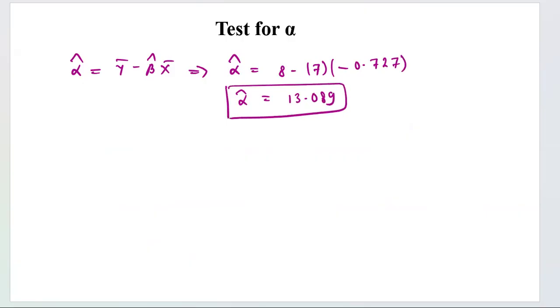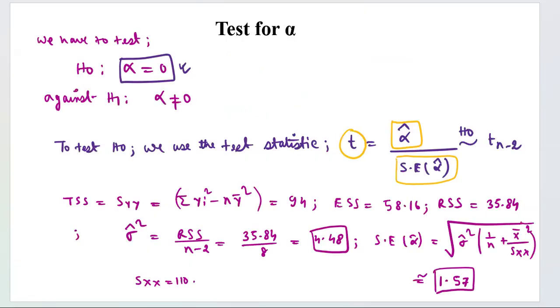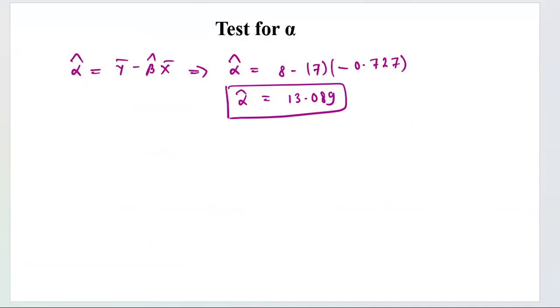So this is alpha cap and this is the standard error of alpha cap. So what will be T computed? T computed value will be alpha cap upon the standard error of alpha cap, which is 1.57, and this will come out to be approximately 8.34.